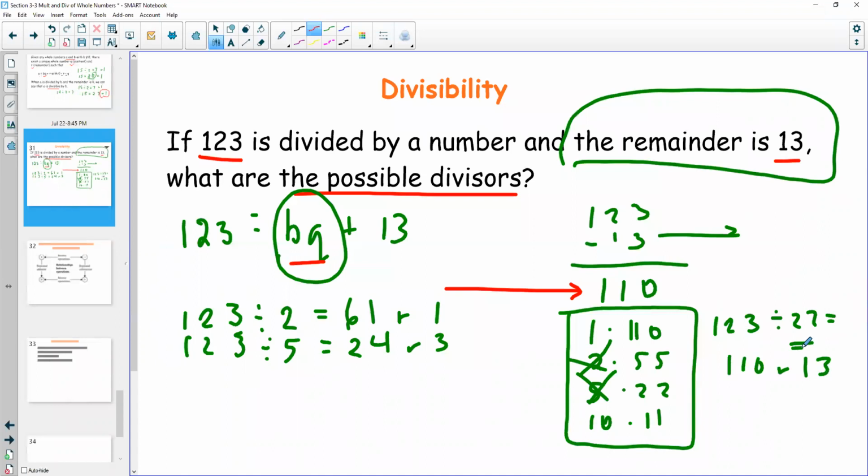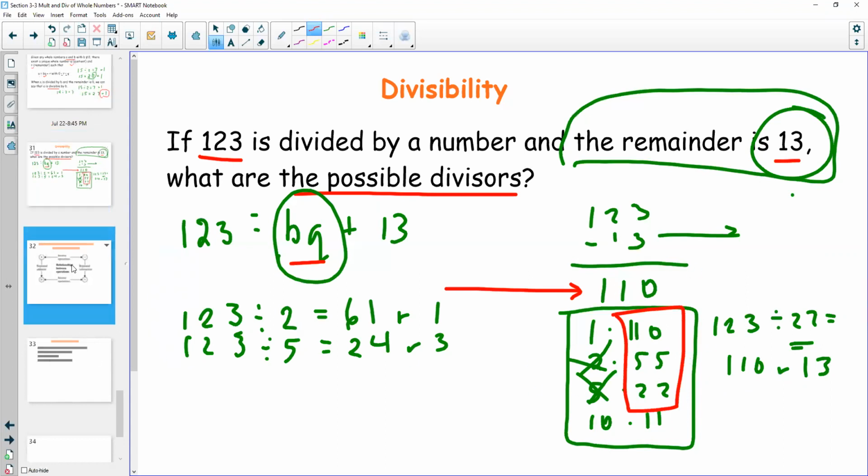Do you see it? For me to get a remainder of 13, the number I divide by has to be bigger than 13, right? Because if it's not, what's left over is smaller than what I need as my remainder. So for this problem, the divisors that will work are 110, 55, and 22. If you don't believe me, go through and divide by each of them and see how it works out.